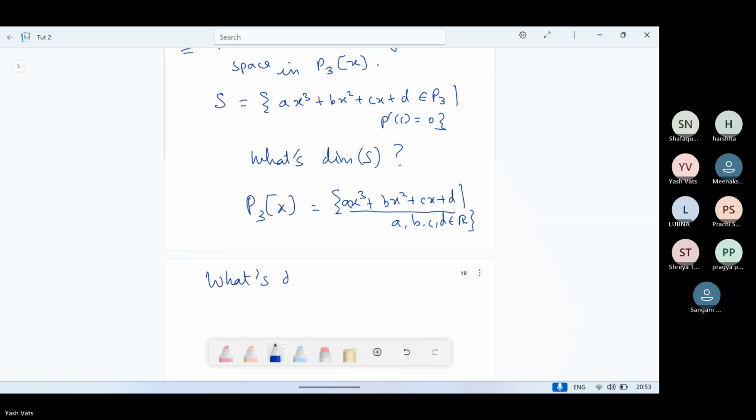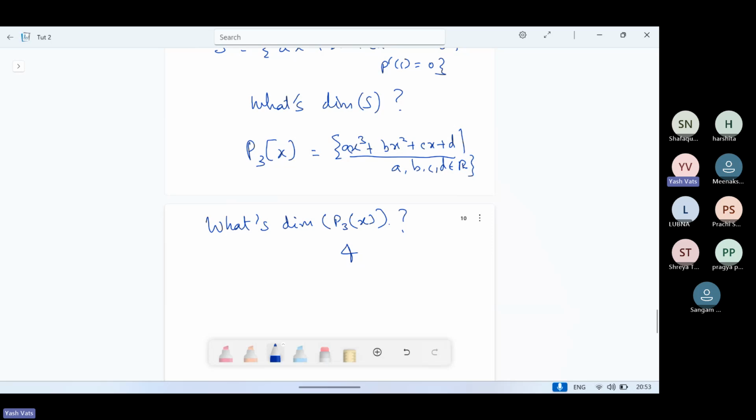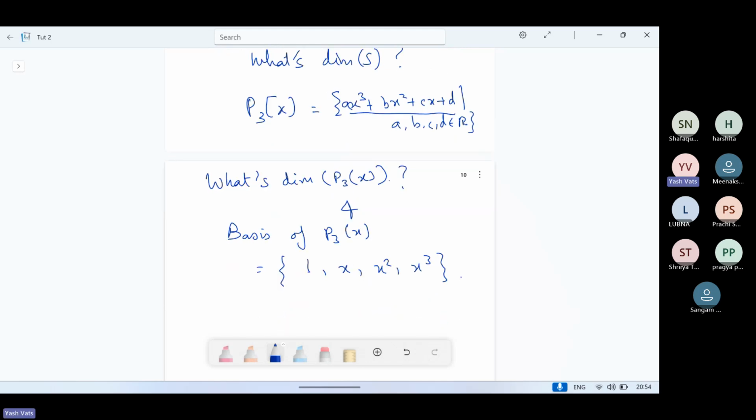Four. Yes, it's 4. So what is the basis of P3x? Yes. 1, x, x square, x cube. Right. So dimension is 4.